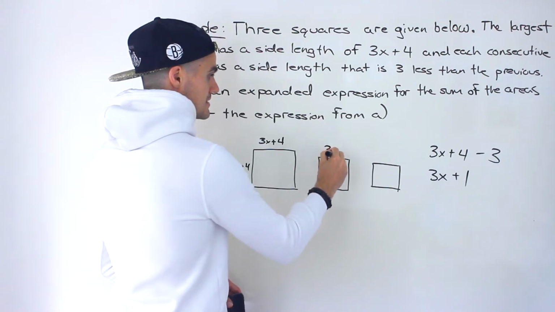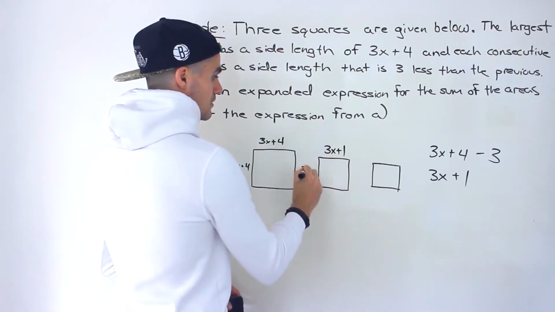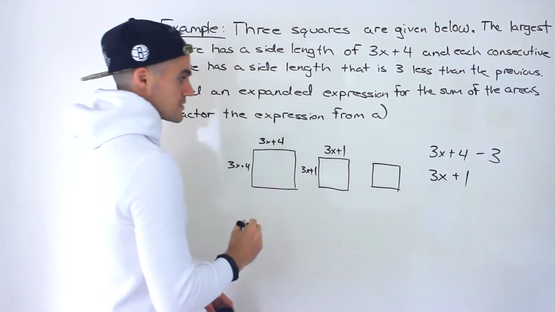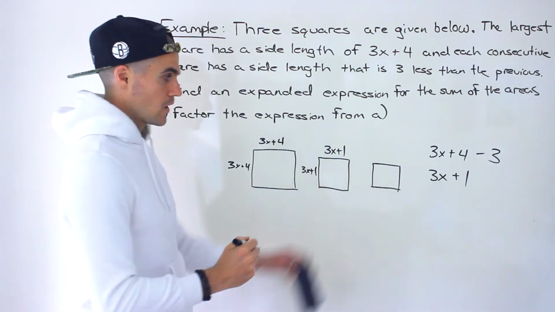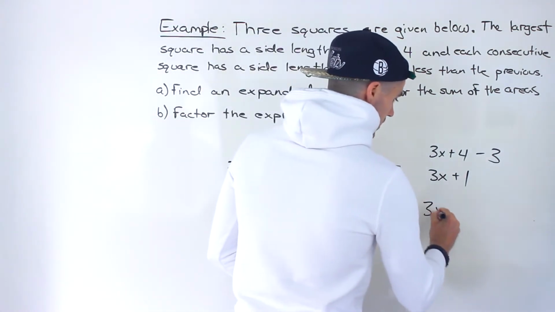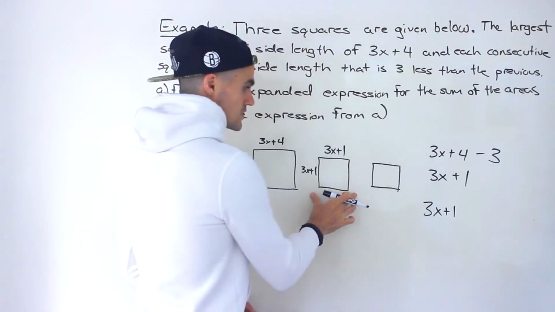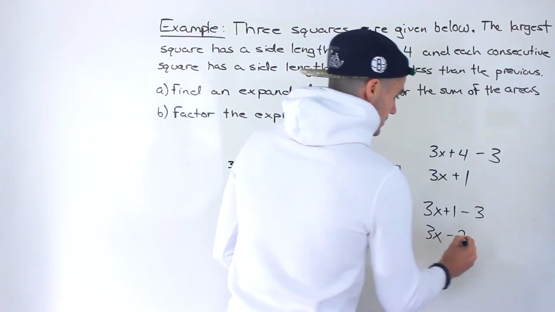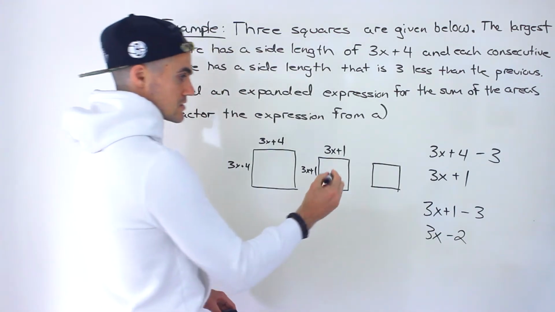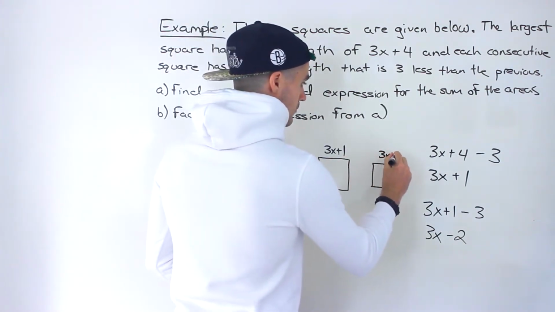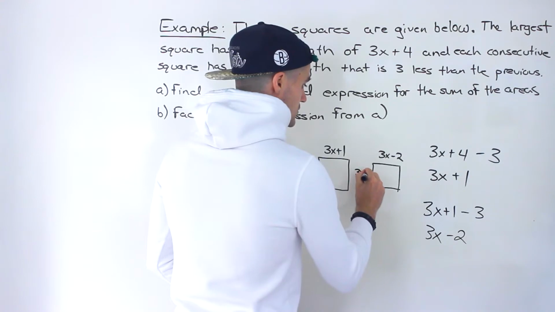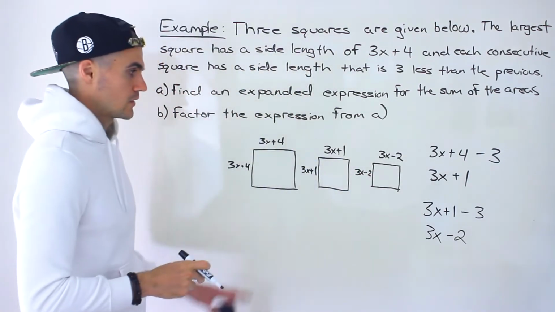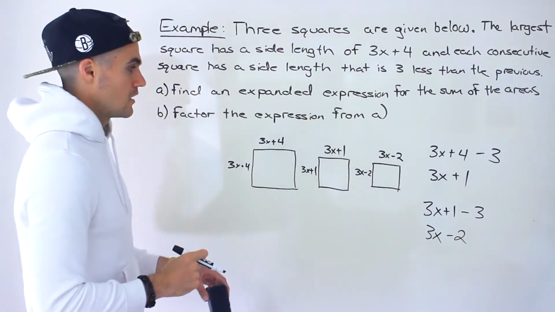So that means that this square over here has a side length of 3x plus 1. And then what would this square have a side length of? We would take 3x plus 1, the side length of this one, subtract 3, and we'd end up with 3x minus 2, right? 1 minus 3 is minus 2. So that's the first thing to know, get the side lengths of all the squares.